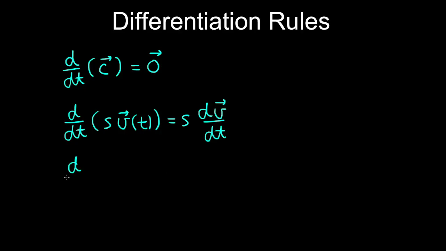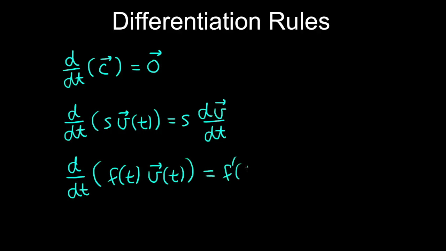And taking the derivative of some function of t by the vector v of t by the product rule gives f dash of t by v of t plus f of t by v dash of t.